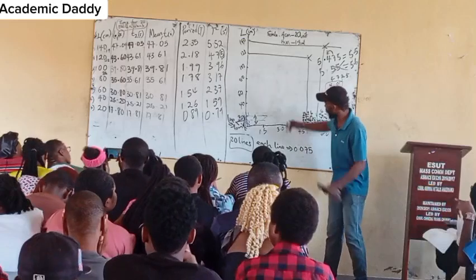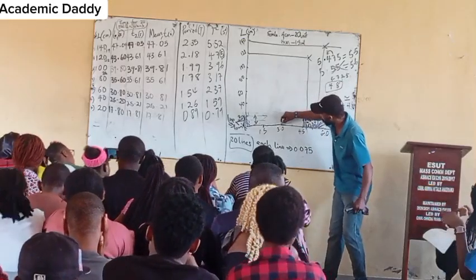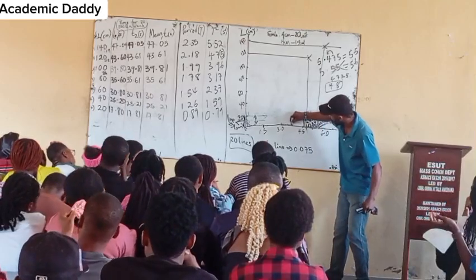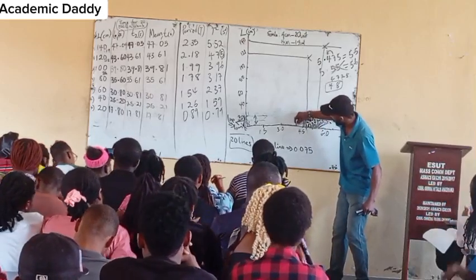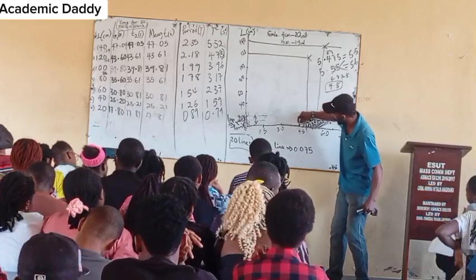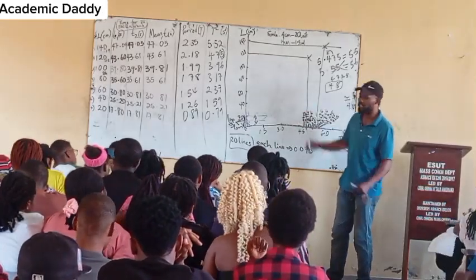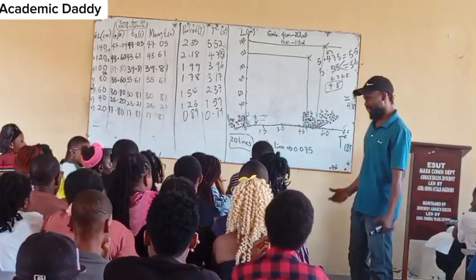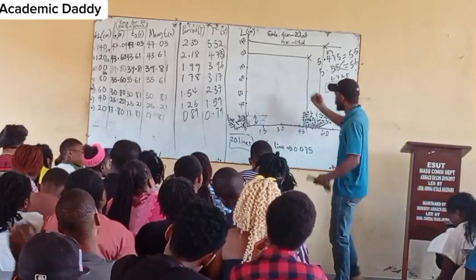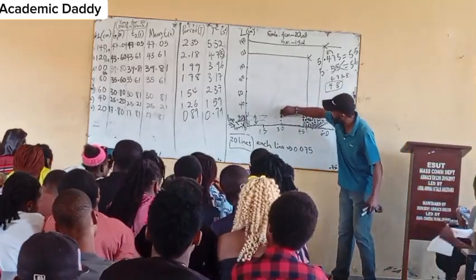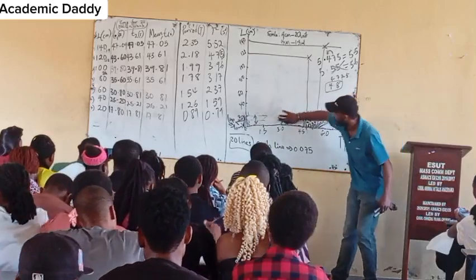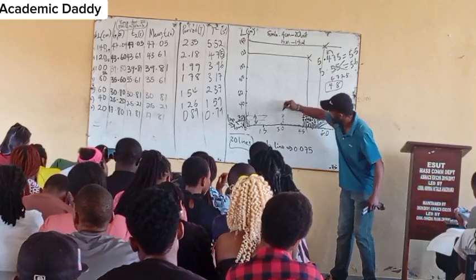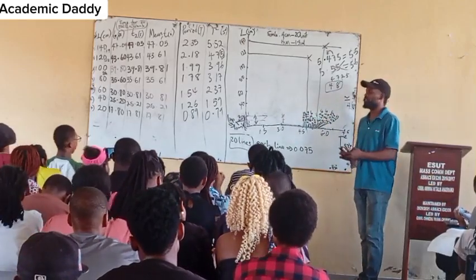So I know that 3.0 now, each of these lines, 1, 2, 3, 4, 5, 6, 7, 8, 9, 10, 11, 12, 13, 14, 15, 16, 17, 18, 19, 20. I'm doing the human method.